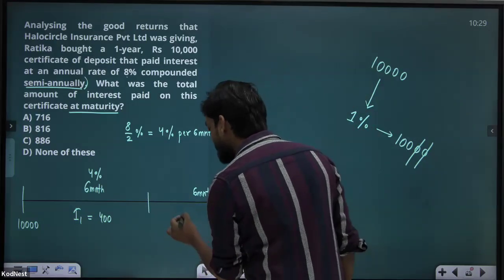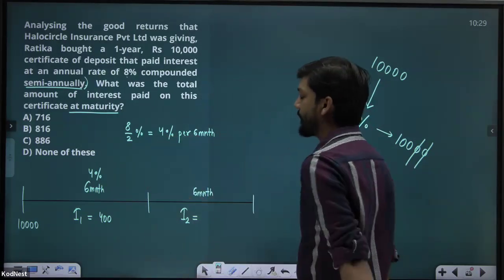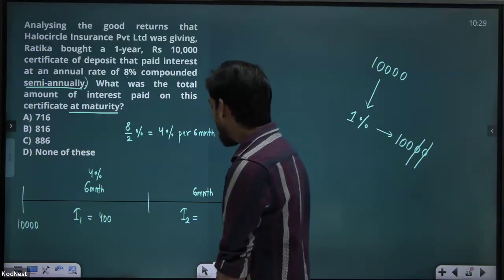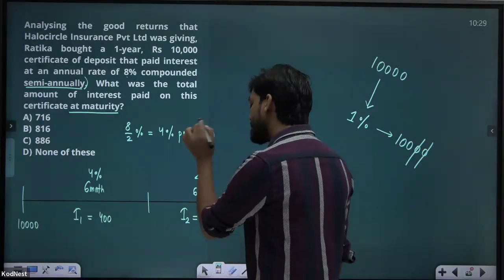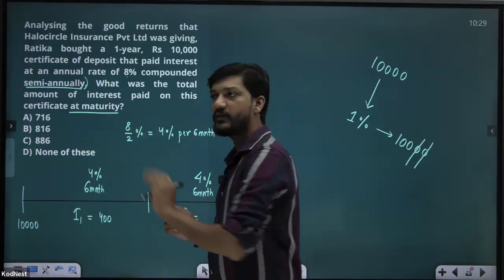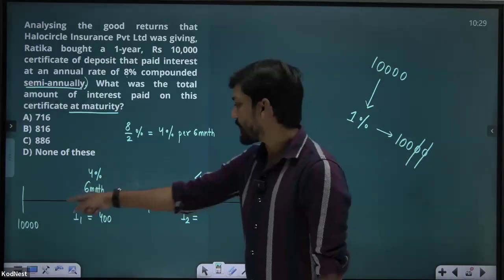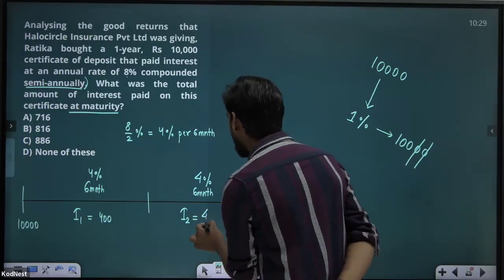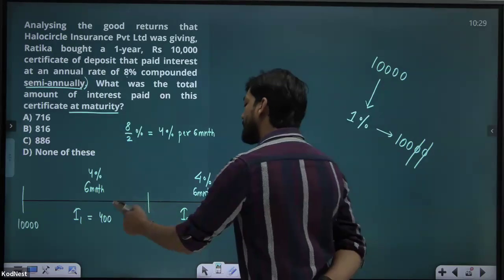Now come to the next period of 6 months. So second interest calculation. Okay, stand here please. Again calculate 4%. Two calculations we will have to do. Interest on principal, interest on previous interest. Two calculations always. So interest on principal, 400 again. Interest on previous interest.